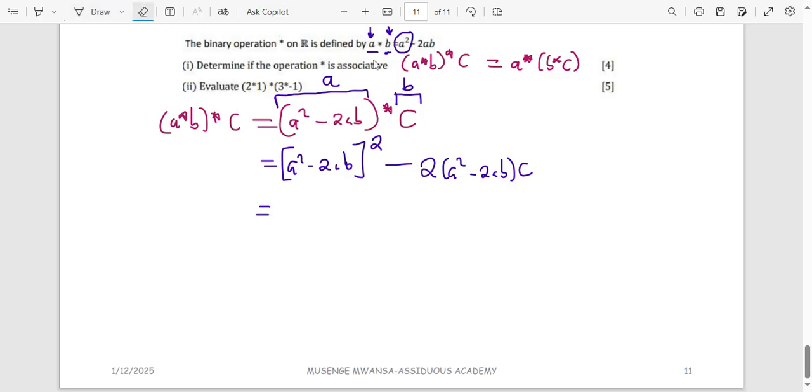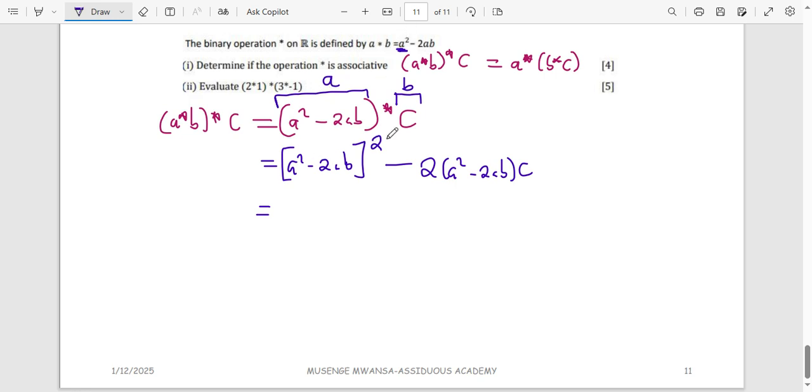So remember, it's supposed to be a squared minus 2ab. But in this case, our a is being represented by a squared minus 2ab. So where there is a, we'll put a squared minus 2ab, because that's our first term. But remember, the a is supposed to be squared.